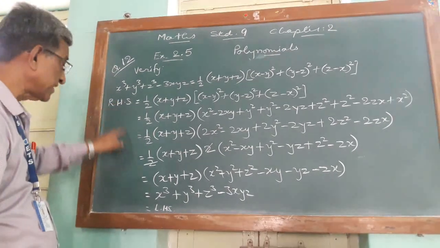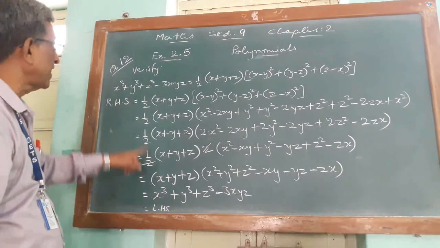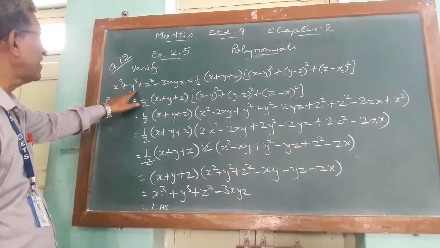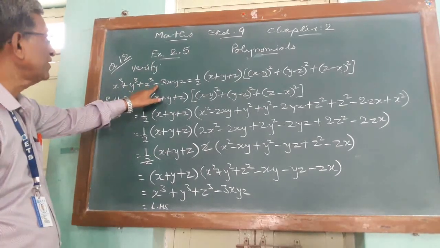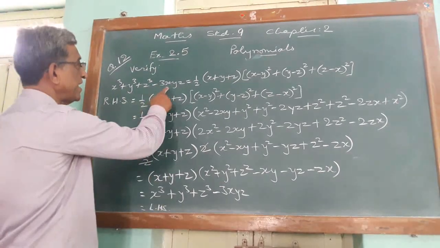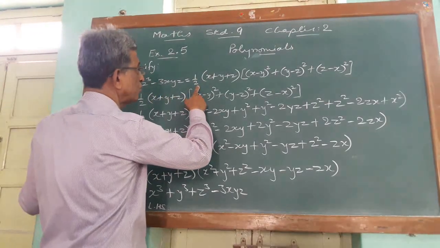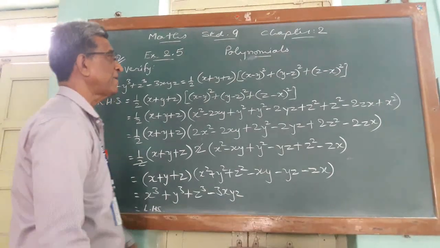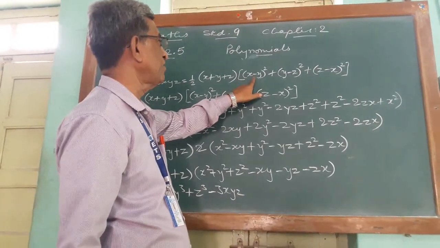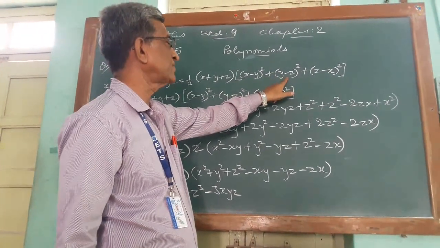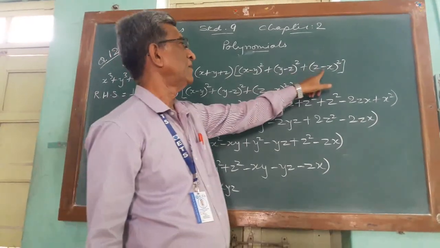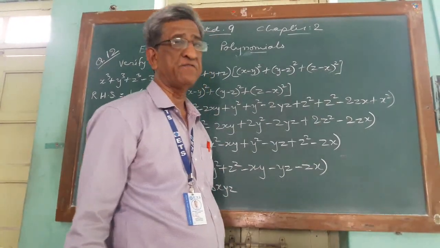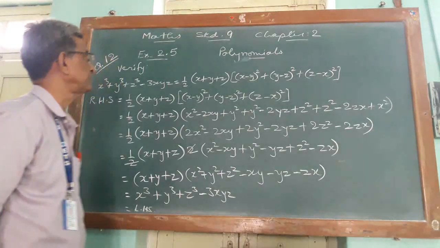So you got RHS equal to LHS. Therefore, x cube plus y cube plus z cube minus 3xyz equals 1 upon 2 into (x plus y plus z) into another bracket (x minus y whole square plus y minus z whole square plus z minus x whole square). Verified. Answer.